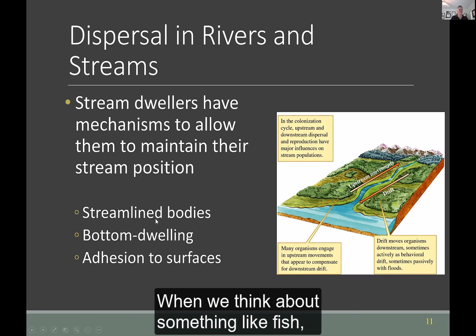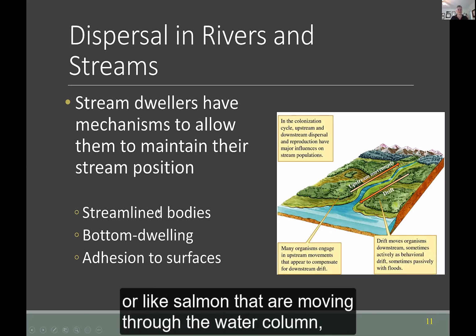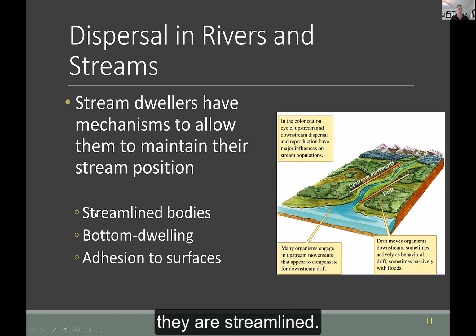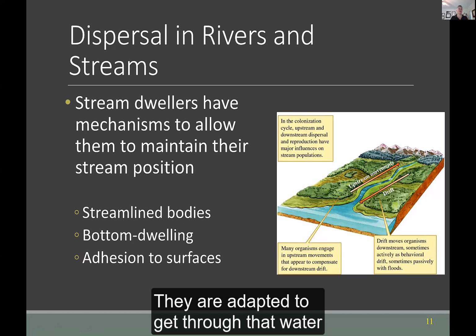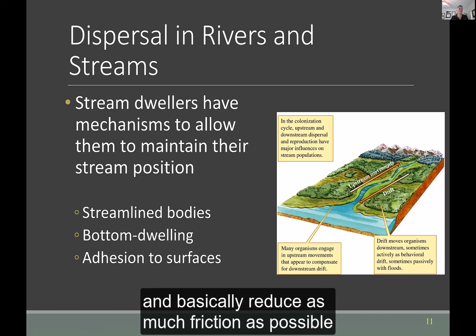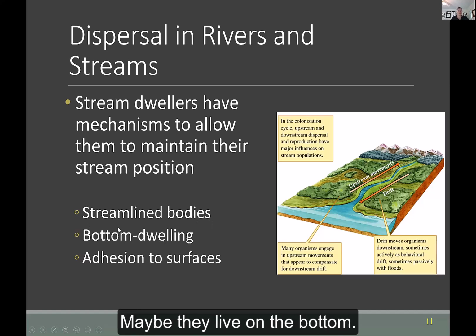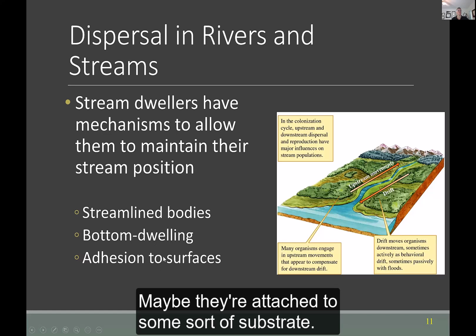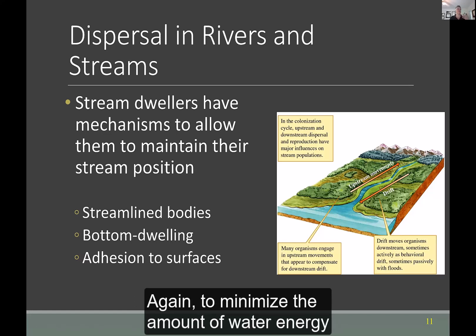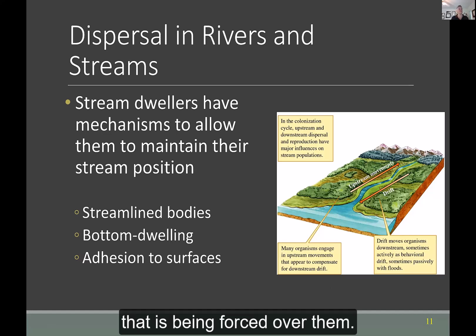Fish like salmon moving through the water column are streamlined, adapted to get through the water and reduce as much friction as possible. Maybe they live on the bottom, or maybe they're attached to some sort of substrate, again to minimize the amount of water energy being forced over them.